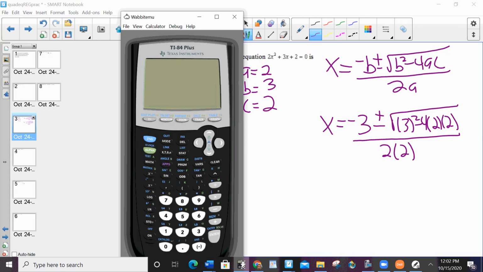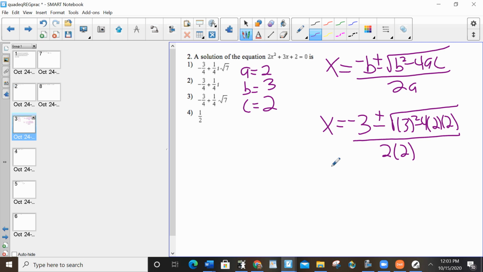Go to your calculator, type in what's inside the radical: 3 squared minus 4 times 2 times 2, negative 7. So x equals negative 3 plus or minus radical negative 7 over 4.